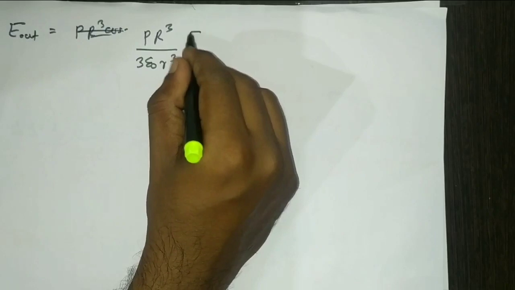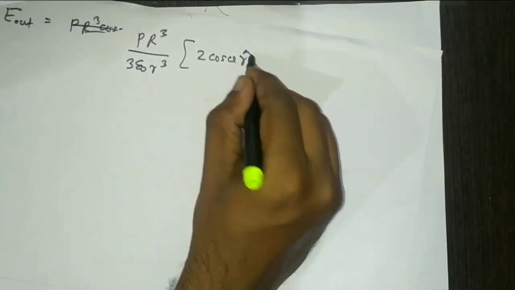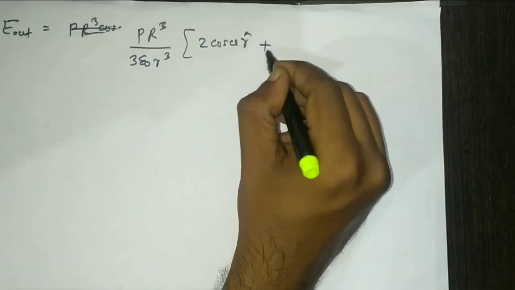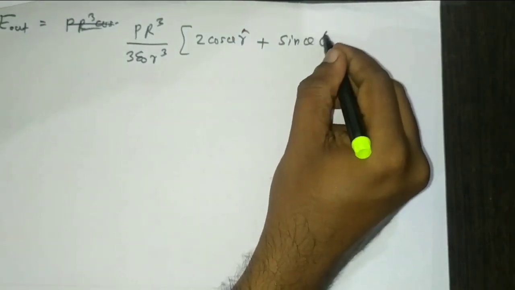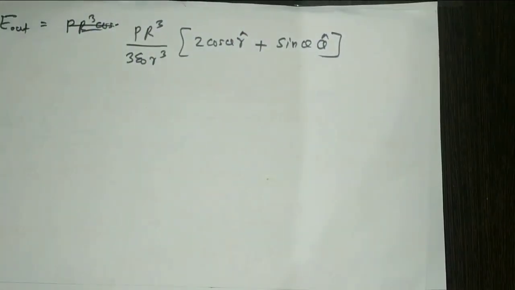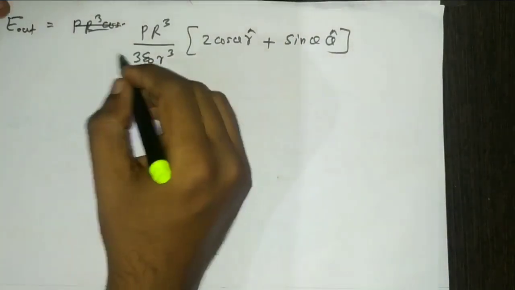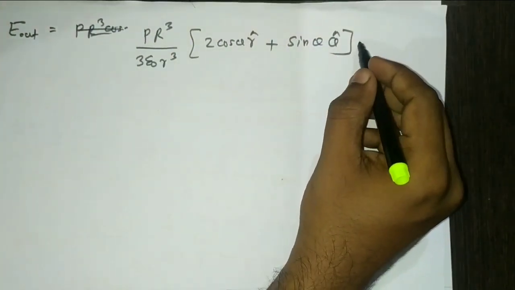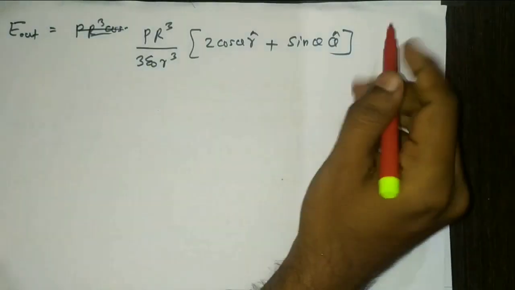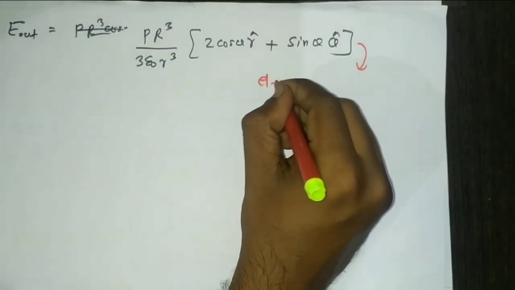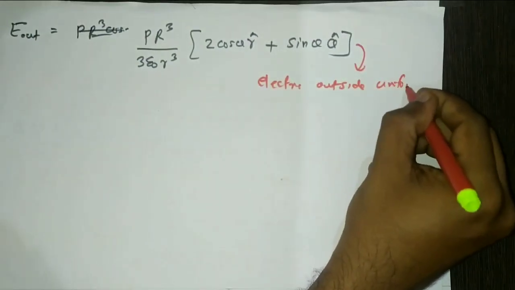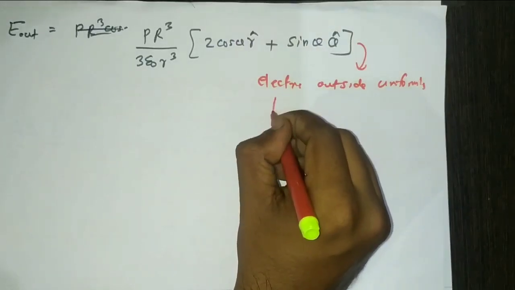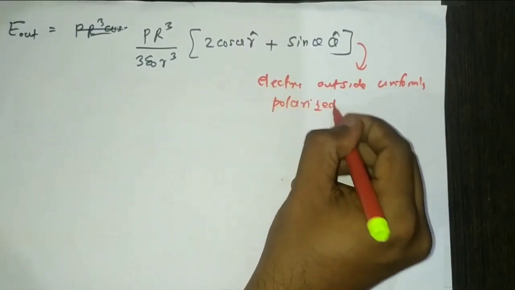Then inside, 2 cos theta R cap plus sin theta, theta cap. This is the final expression for the electric field outside the uniformly polarized sphere.